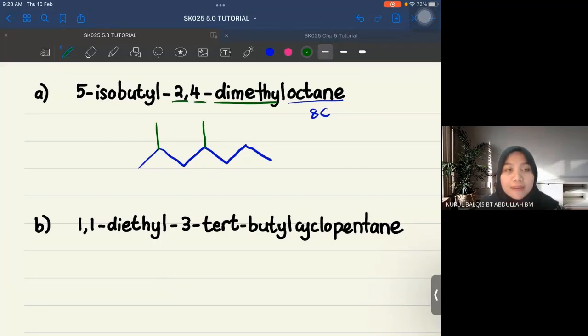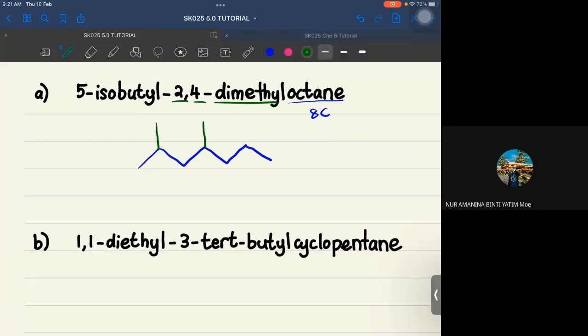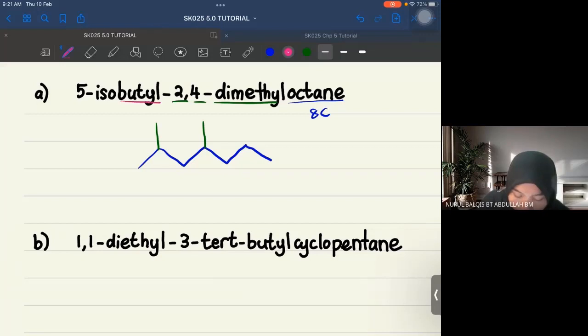And then at carbon number 5, we have this isobutyl. So this isobutyl got how many carbons altogether? Ada 4 kan? Iso ni dia ada dekat hujung dia ada CH3.